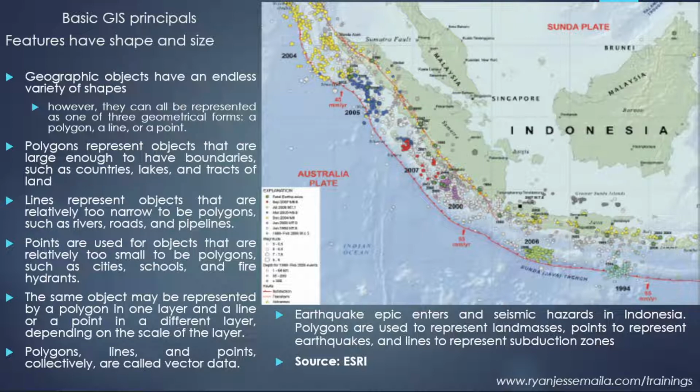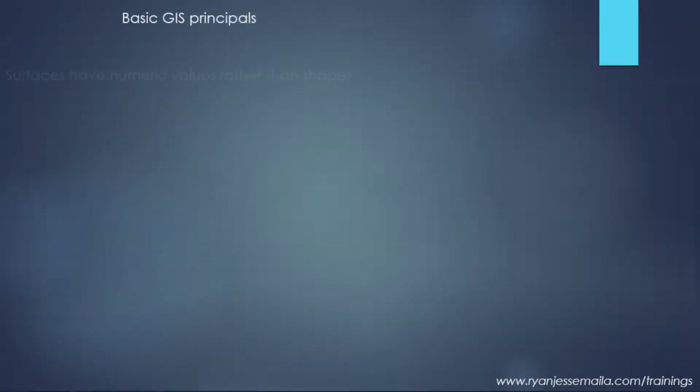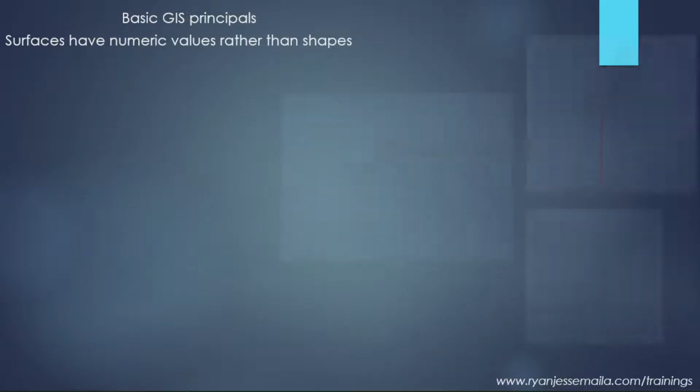So we shall look at raster data, which is basically surfaces that we covered. The other principle to understand is that surfaces have numeric values rather than shapes. So we are looking at raster data, which I spoke about.